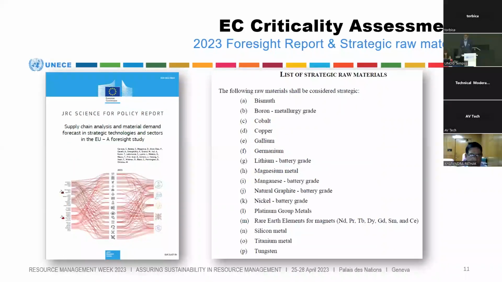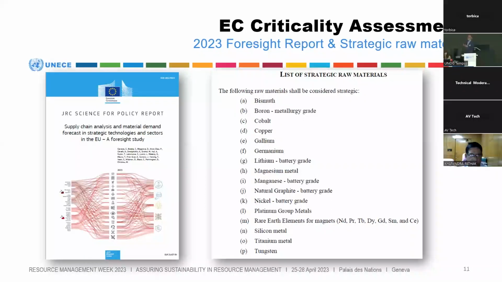Let's go to the next stage and link to the talk of Milan Grohol in the morning, where he presented the sub-list of strategic materials. These, we know, are those that have a particularly high importance in a strategic sector. So it's not anymore economy-wide, it's a strategic sector. And they have a forecasted huge expansion in demand.